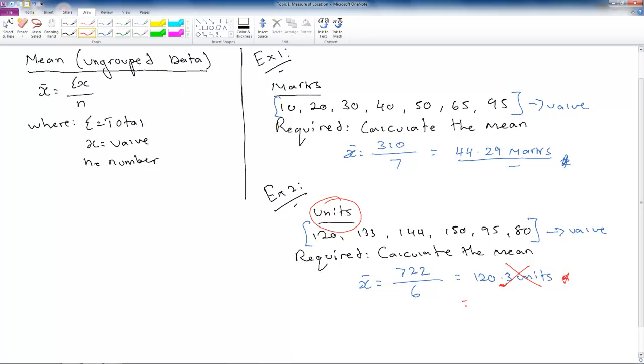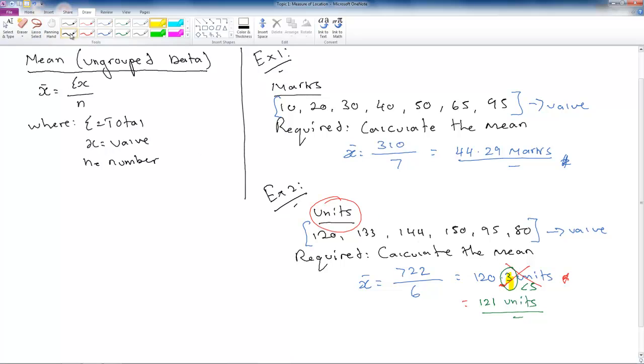Units you must round up, even though it is a 3, 120.3, even though it is less than 5. If it is a 5, you round up to become 121. That's in the normal mathematical calculation. But when it comes to units, you must put it as 121, even though it is a 3.